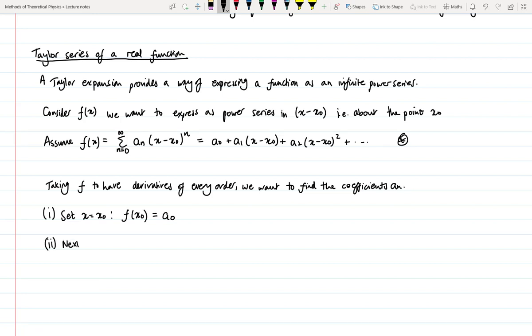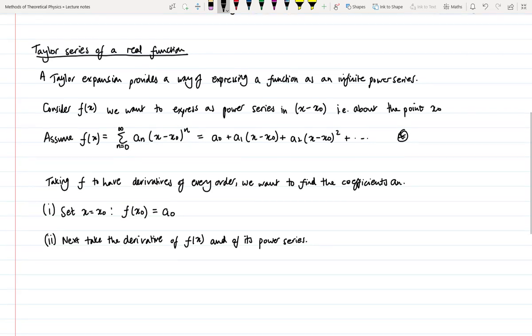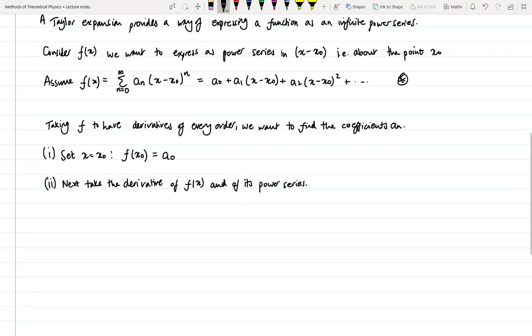Next, let's take the derivative of f of x and of its power series. So this is the line that I've marked with an asterisk. The left-hand side is going to give us the first derivative of f. The right-hand side, the term a0 is a constant, so its derivative is 0.